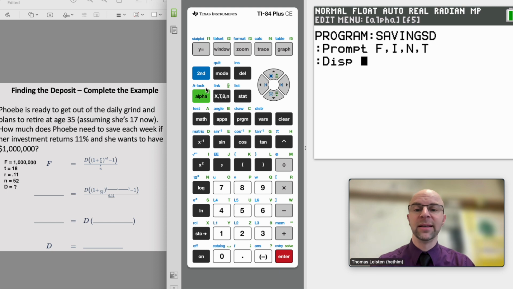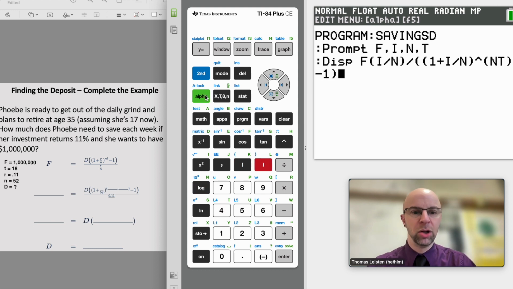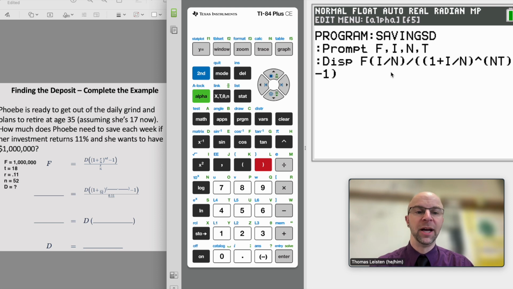So now my formula is going to be alpha I, we're going to multiply by alpha I divided by alpha N. And then we're going to divide, be careful with your parentheses, 1 plus alpha I divided by alpha N, raised to the parentheses, alpha N alpha T, minus 1, close parentheses. So that was the future value multiplied by our interest rate divided by N, divided by the entire chunk that was in our numerator. This now solves for D.